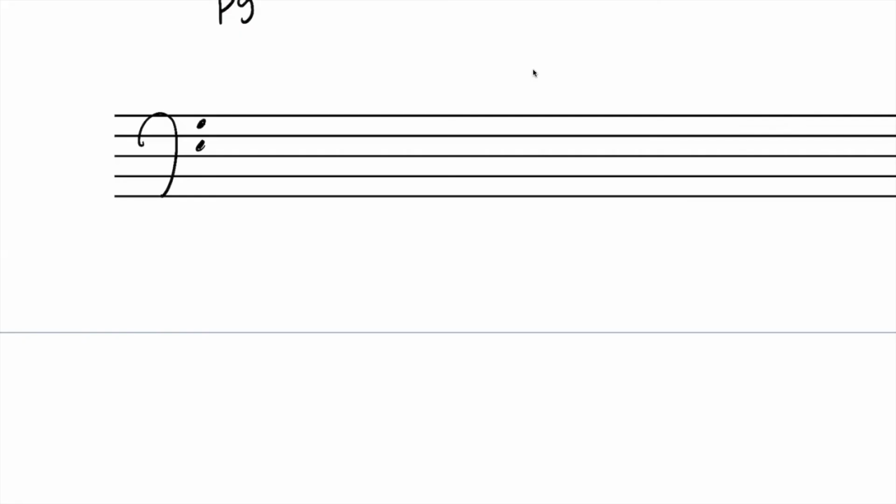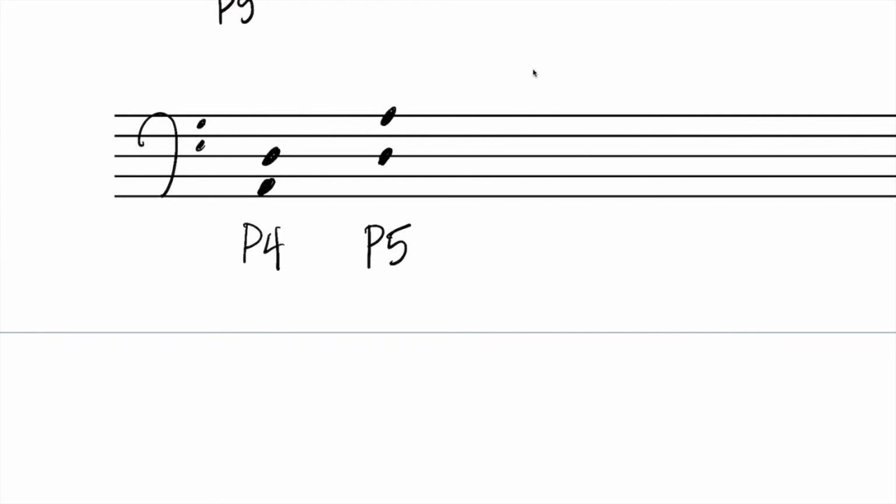Recall that A to D is a perfect fourth. Why? Because D is scale degree 4 in the A major scale, and A is the lower note of the interval. Check this out. If I invert the interval, we get a perfect fifth, just by taking that low A and putting it on top.